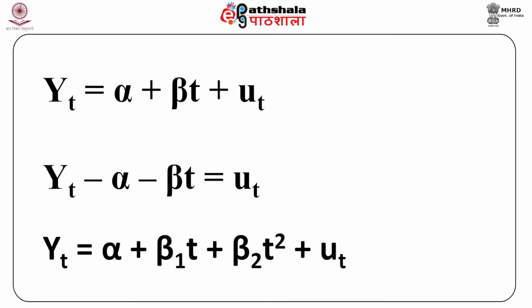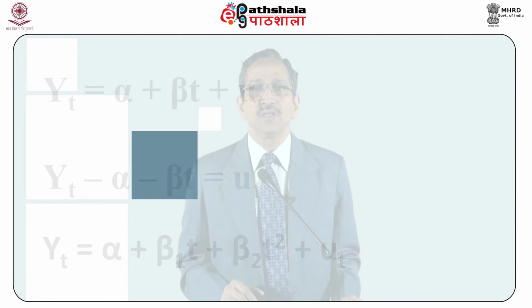Now it can also be possible that the trend may be non-linear in nature. For example, it could be that yt is equal to alpha plus beta 1 t plus beta 2 t square plus ut. Under this, the residuals will now be quadratically detrended time series.